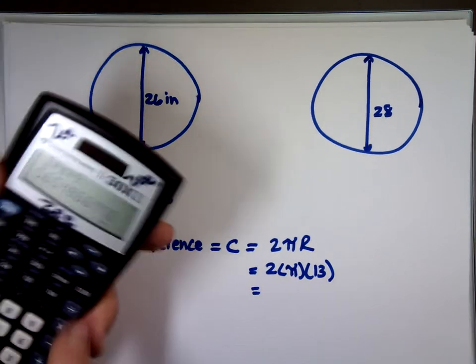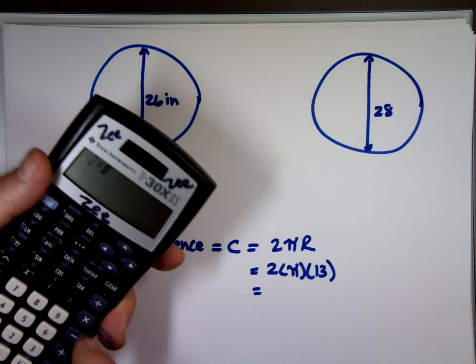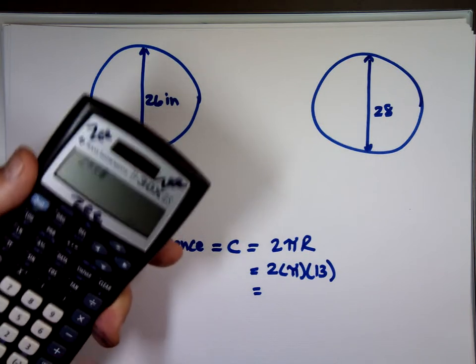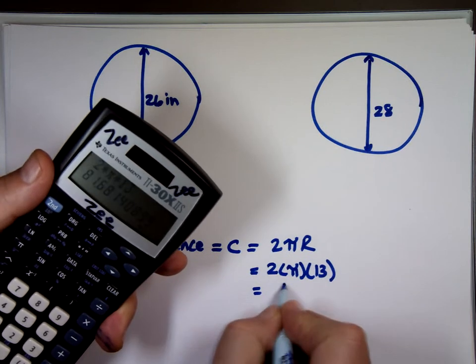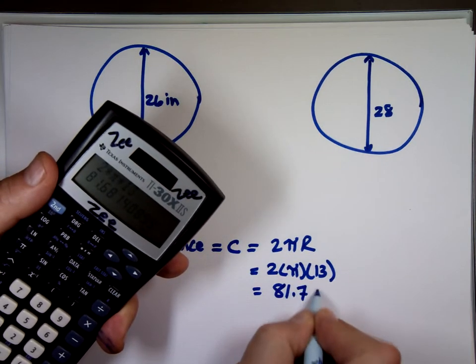I'll go to my calculator. 2 times pi times 13, which is you traveled 81.7 inches roughly.